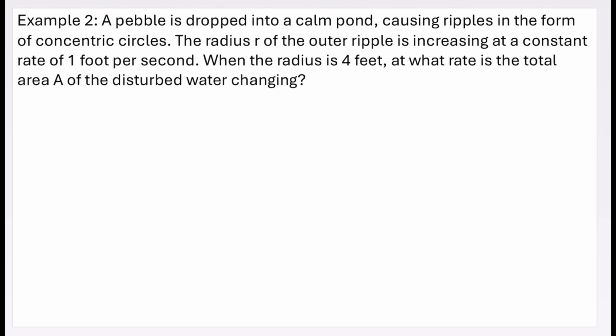So we have the radius of the outer ripple is increasing at a constant rate of 1 foot per second. So that is actually dr dt. So that's the rate that the radius is changing. So that's 1 foot per second.